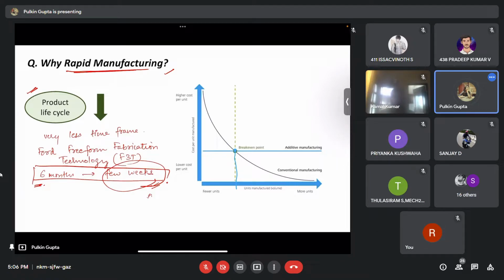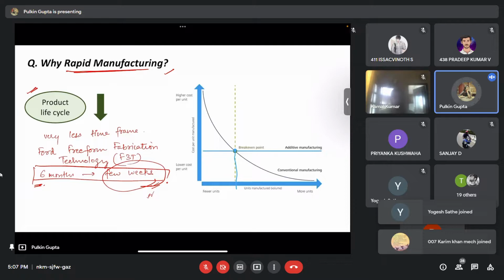Now, we see, but manufacturing products for individual customers would incur high costs. All right. So these high costs mean that it won't be affordable anymore. But our motto is not to make the products unaffordable, but to make them affordable and as per needs.